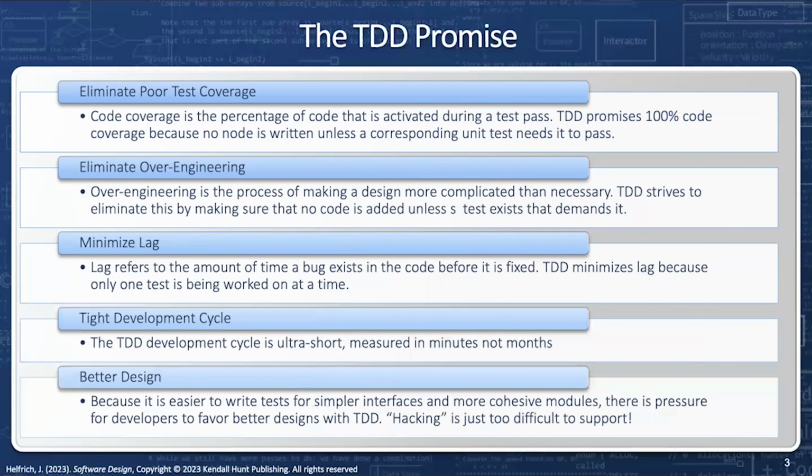And lastly, we have better design. Because we have to write a unit test first, before we write the code, we tend to write code that is unit testable. And when code is unit testable, it tends to be very configurable, have a high degree of abstraction, very transparent, and all the other things we really want. Hacking code together is just too difficult to support.